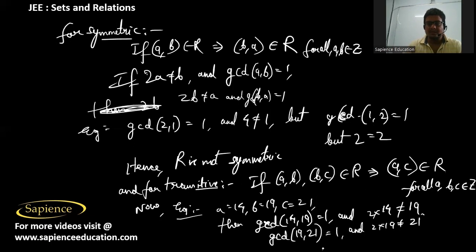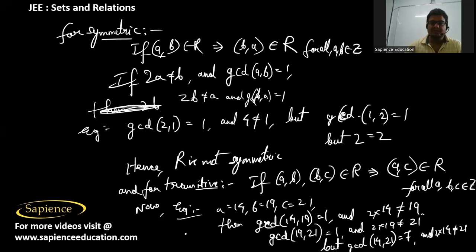But if we take a and c, the greatest common divisor of 14 and 21 is 7, and 2 into 14 is not equal to 21, but the greatest common divisor is not 1.